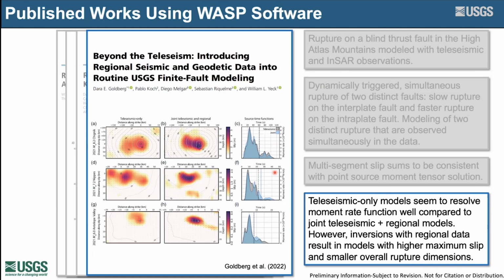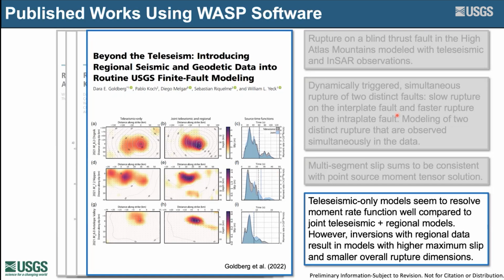So the gray moment rate functions are for teleseismic only inversions, and the blue ones are for joint teleseismic inversions. So sort of the general main aspects of those source time functions are pretty similar for both inversions.